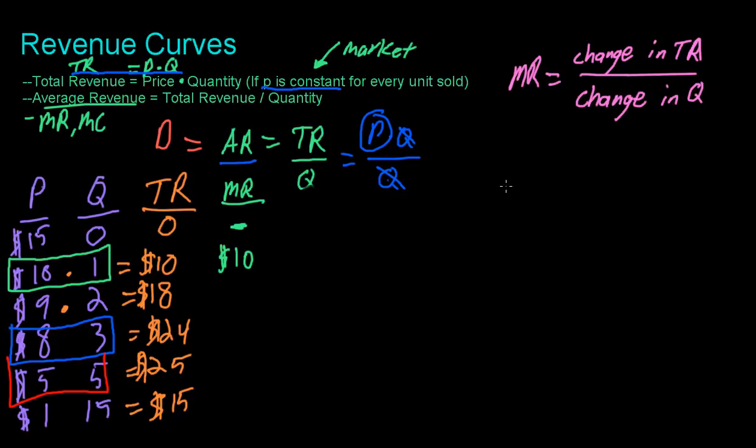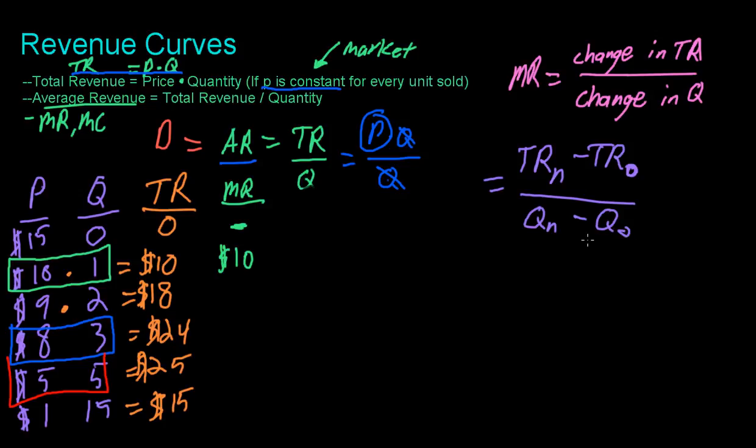This is also the new total revenue minus the old total revenue, TR sub N minus TR sub O, over the new quantity minus the old quantity.